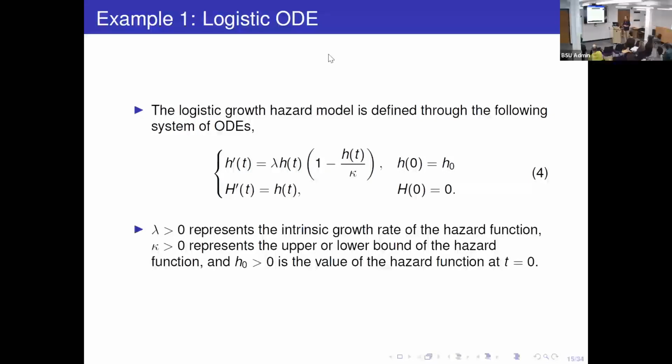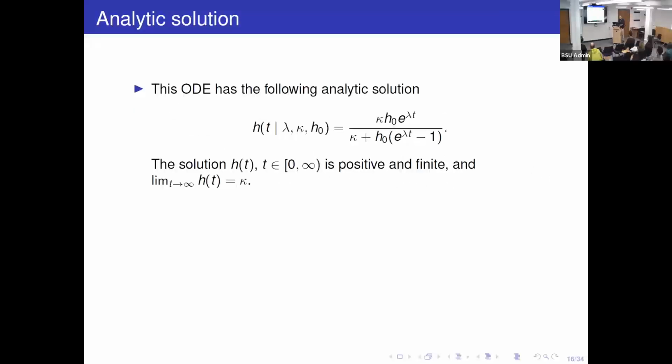The nice thing about this model is that lambda represents the intrinsic growth rate, how fast the hazard grows or goes down. Kappa is the carrying capacity, the upper limit or the lower limit. And H0 are the initial conditions. The next thing is that it has an analytical solution for the hazard function, and in a sense, this is a new model.